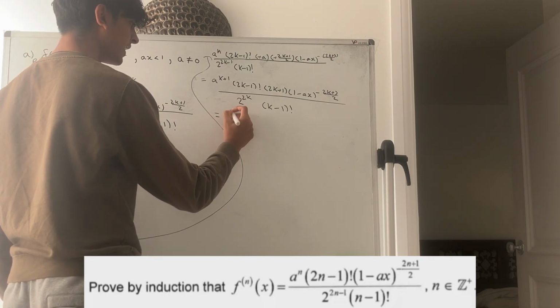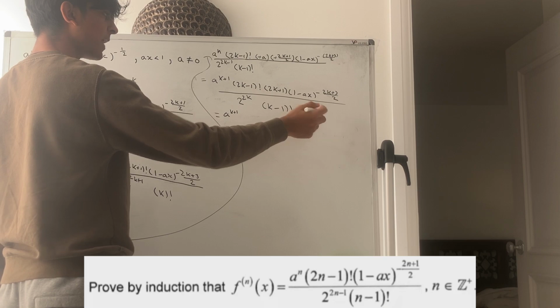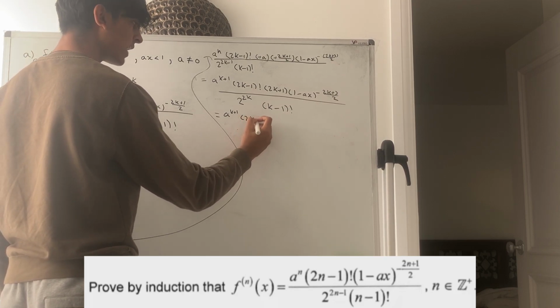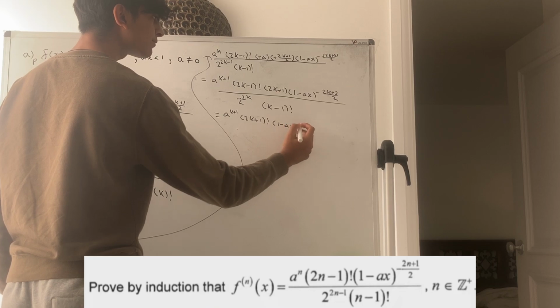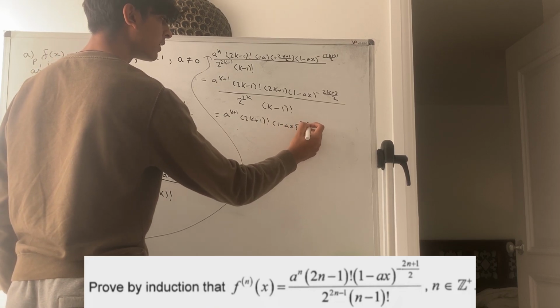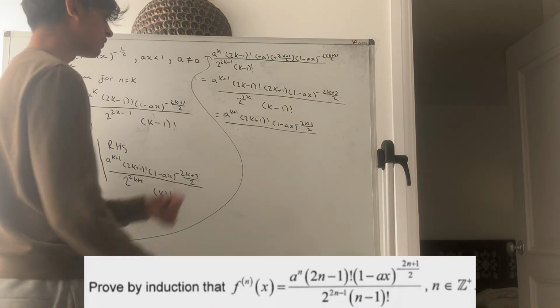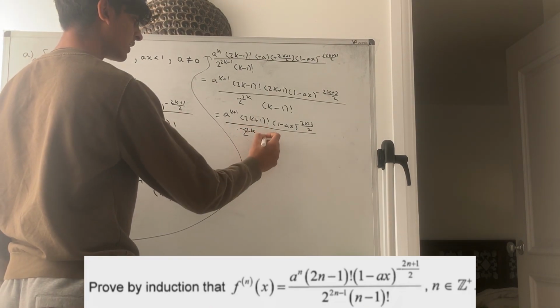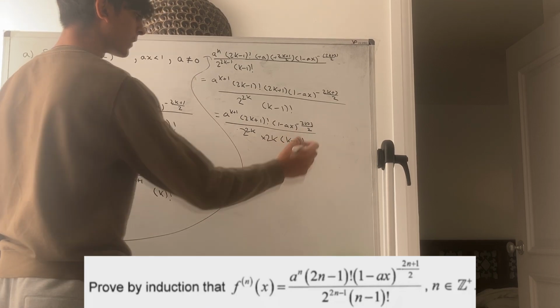So I write a to the k plus 1. Now multiplying by 2k, dividing by 2k, I will get 2k plus 1 factorial times 1 minus ax to the minus 2k plus 3 over 2 all over. Now we'll have 2 to the 2k times 2k times k minus 1 factorial.